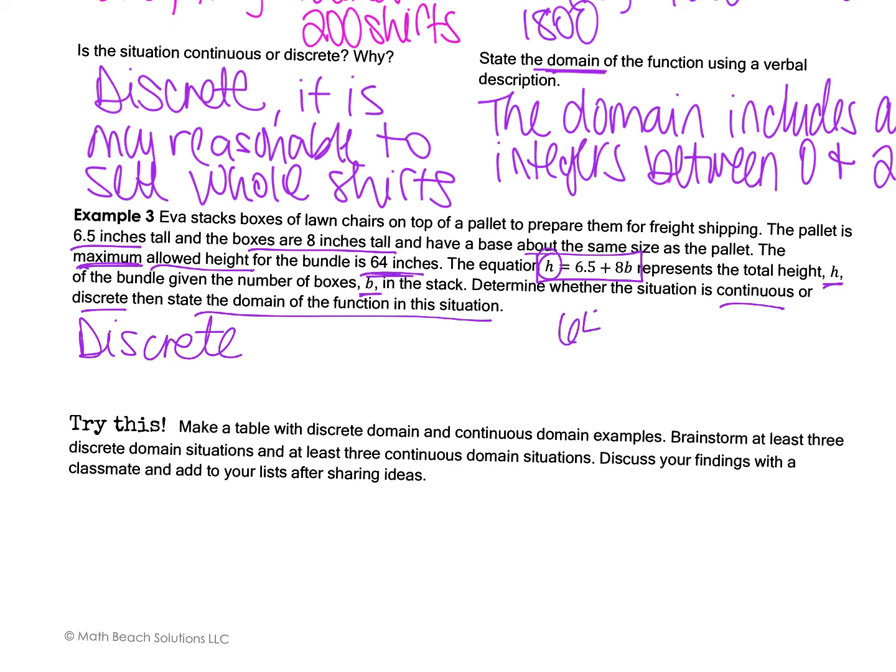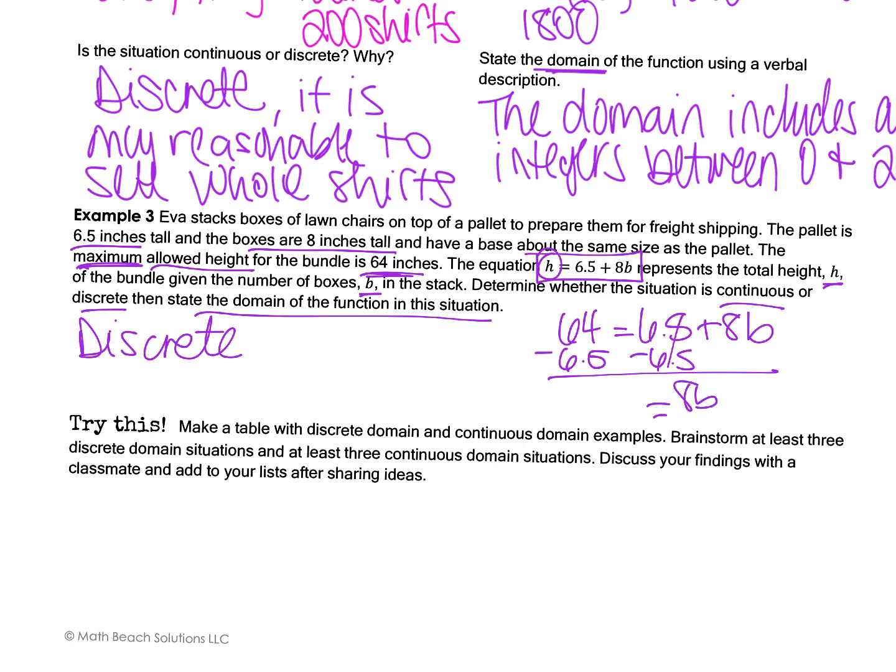So I'm going to plug that in here to figure out what our B would have to be, which is the number of boxes allowed for that maximum height. So I would solve for B, so I would subtract 6.5, and then I would divide by the 8.